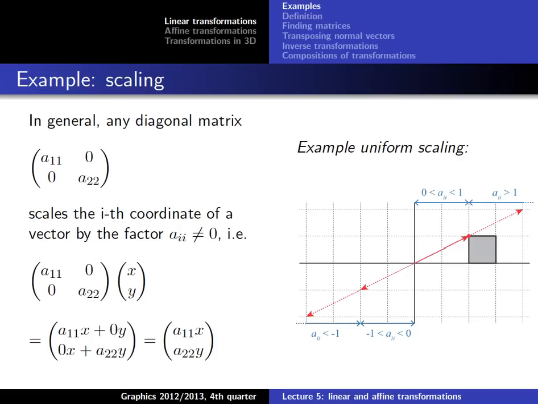We can use that to increase or decrease the size of a vector, or change the orientation of the vector if we choose negative values. You see on the right side an image that illustrates it. That is for uniform scaling, which is pretty much the same image as for scalar multiplication. But with non-uniform scaling you can also change the direction, which is something you cannot do with scalar multiplication.